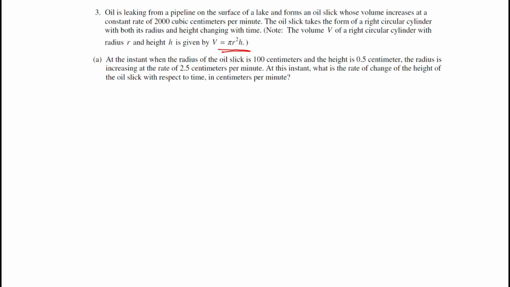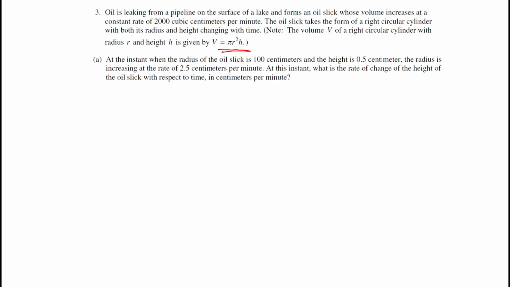And the first question is, at the instant when the radius of this oil slick is 100 centimeters and the height is half a centimeter, the radius is increasing at 2.5 centimeters per minute. What is the rate of change of the height of this oil slick with respect to time?